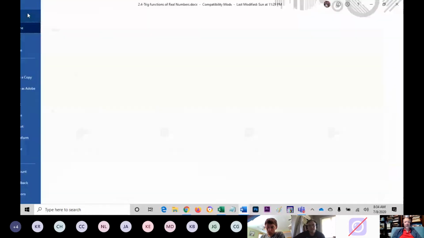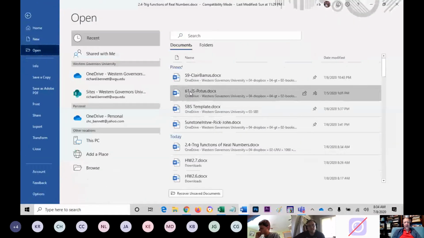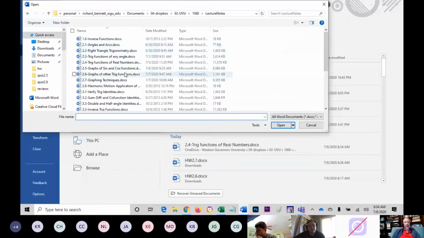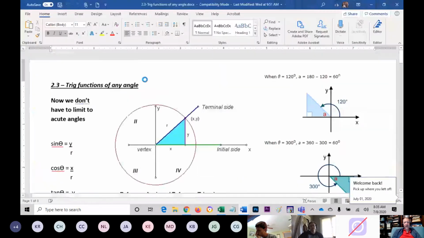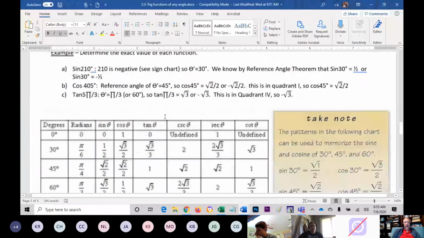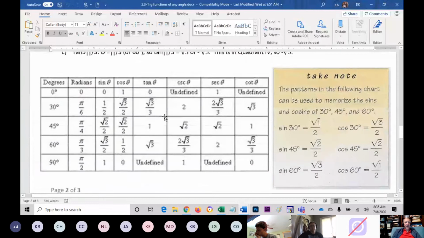Maybe it was 2.5. No, I think it was 2.3 maybe. Yeah, there it was. Okay, so multiples of pi halves or 90 degrees, your tangent is undefined. I was looking for this table.